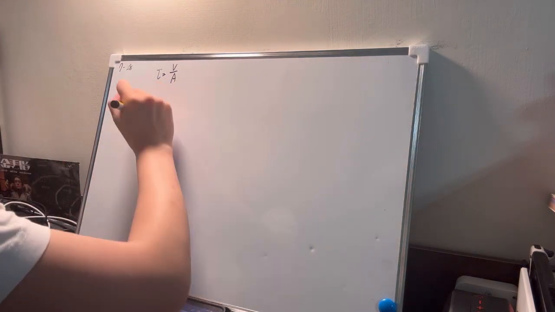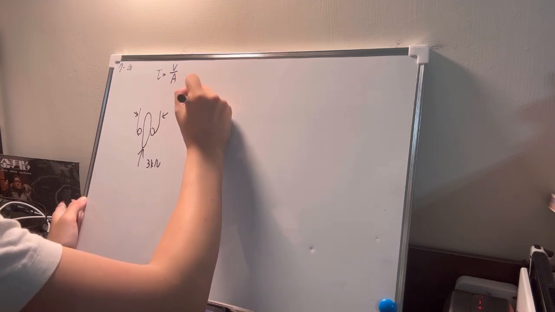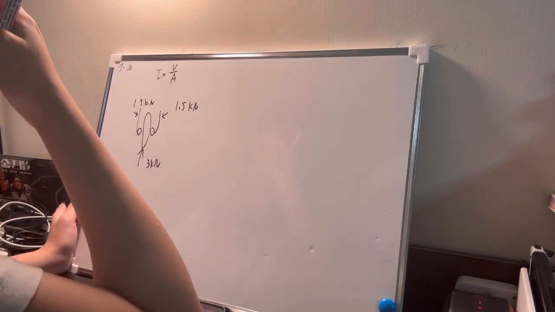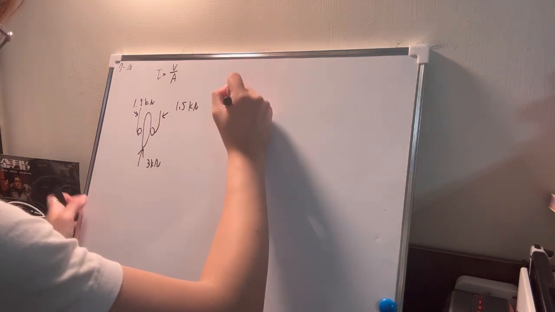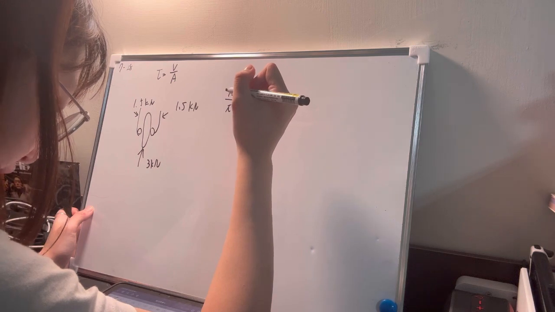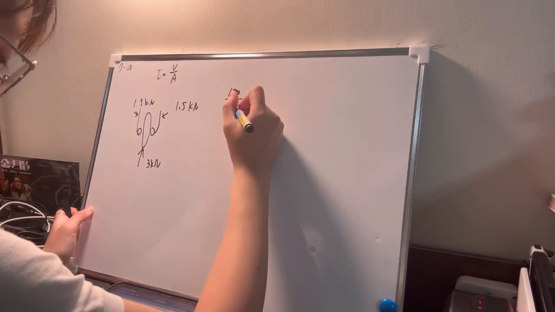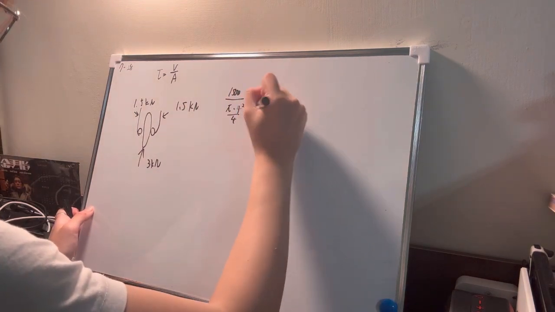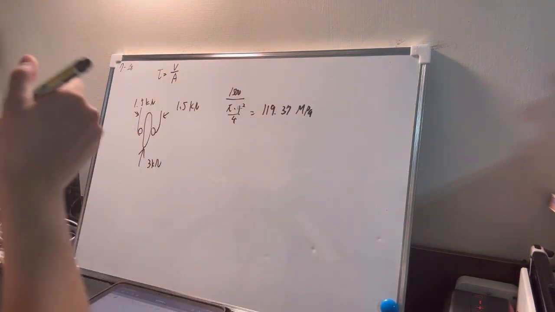So this is 1.5 kN, 1.5 kN here. And the formula is, it also says 4 mm diameter. That's what we need.